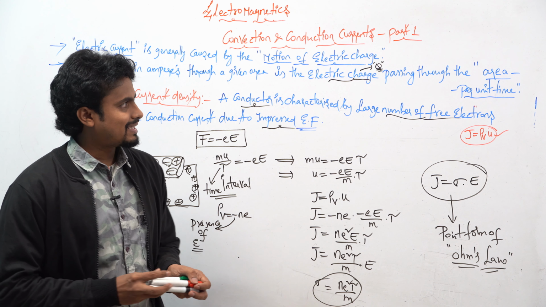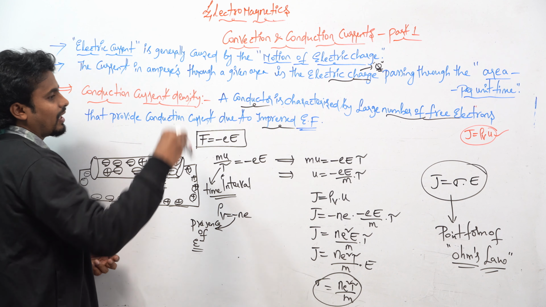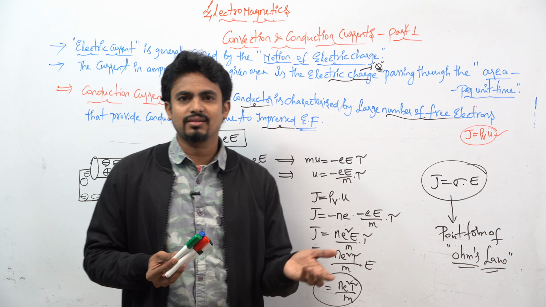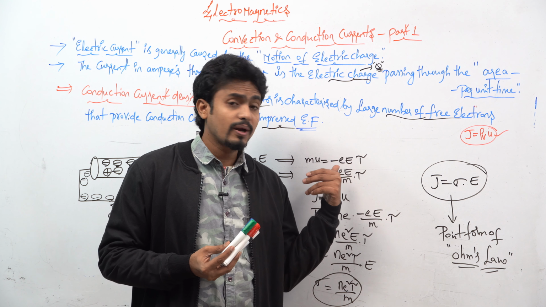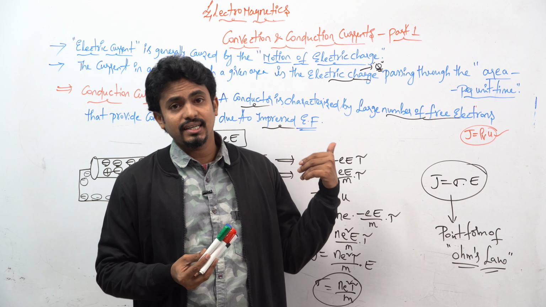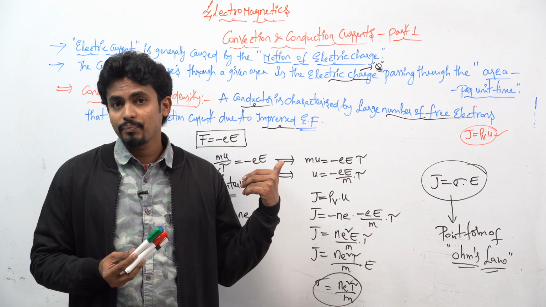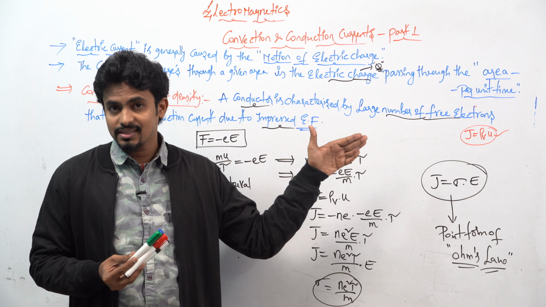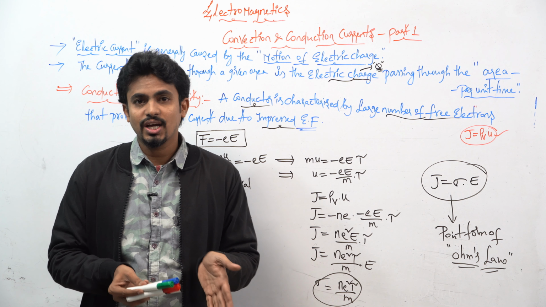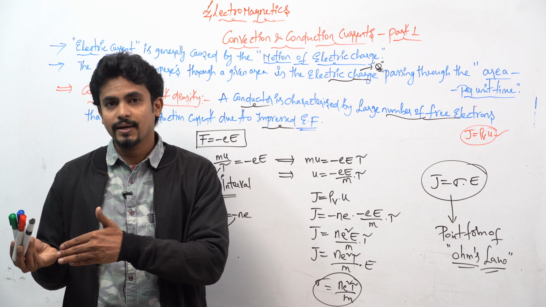That means this electromagnetic subject is the grandfather of all those subjects. From here your EDC subject, electronic devices and circuits, will get started, from the properties of materials, where you study conductors, insulators, and semiconductors.